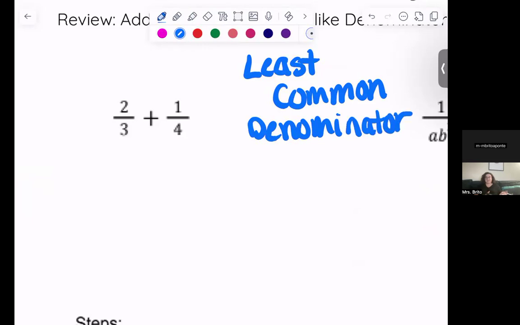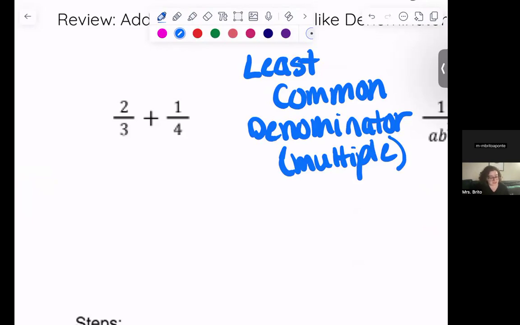So I'm looking at the multiples of 3 and 4. Sorry, I missed 3 and 4. So the least common denominator, or the least common multiple of 3 and 4 is 12.